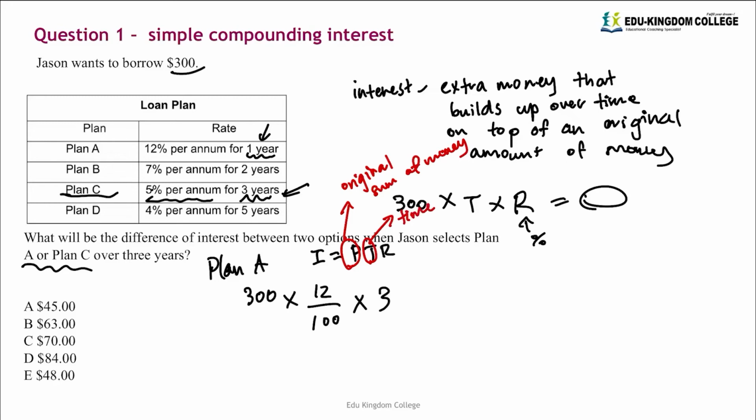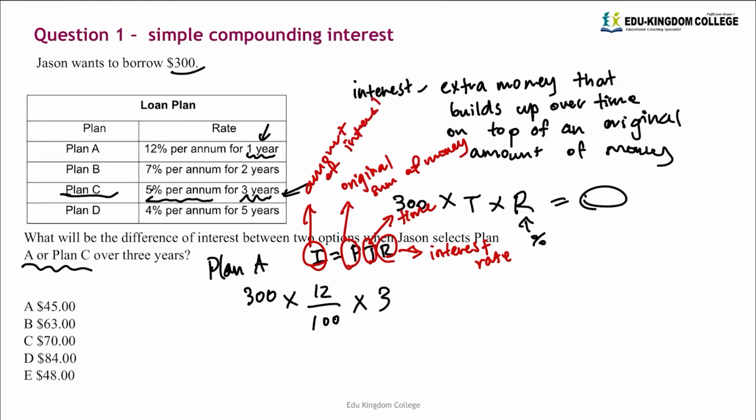T is the time, and R is obviously the interest rate. And I is the amount of interest. Okay, hopefully this makes it clear.